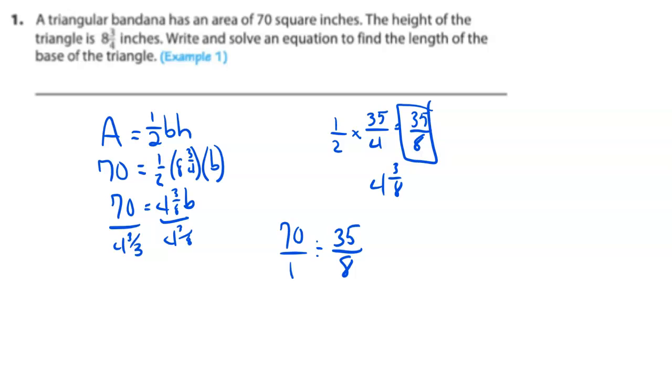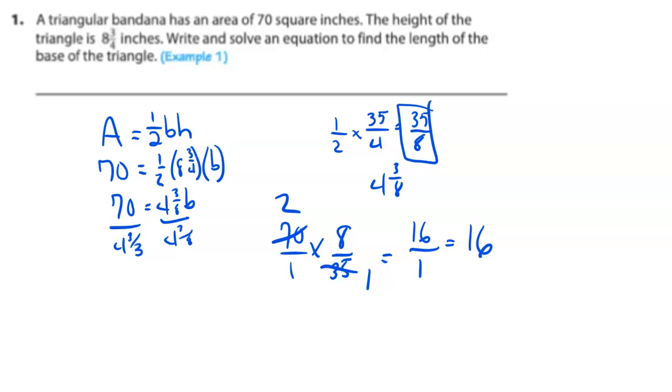We change the division to multiplication, and flip my second fraction to 8 over 35. 35 actually goes into 70, so we have cross factors here. That becomes 1, becomes 2, and we're left with 8 times 2 is 16, 1 times 1 is 1, and 16 over 1 is just 16. So therefore, my base equals 16 inches. That's problem number 1.